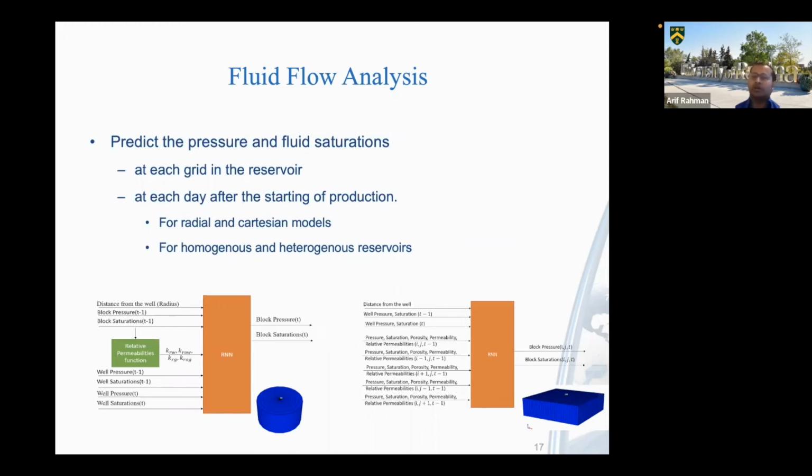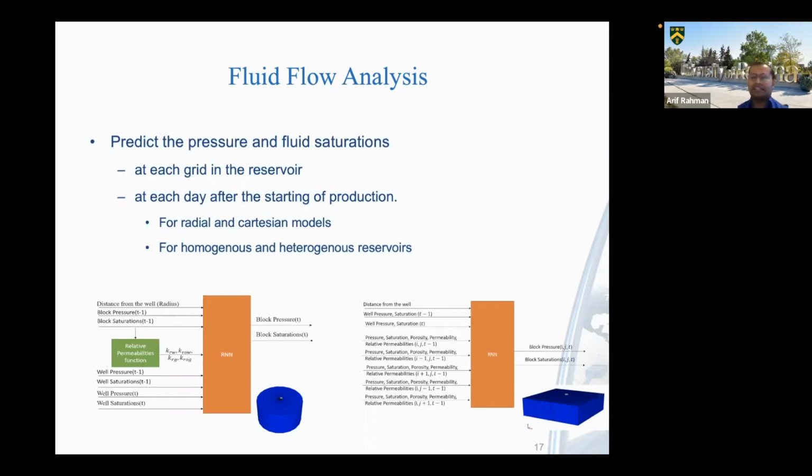Here we use the RNN to find out the saturation and pressure distribution of each grid block with time. We take the previous time step saturation and pressure values to find out the grid pressure and saturation at time t. These analyses will help us to find out the remaining oil in the reservoir and at which location, and that will help us to make a decision on where to drill new wells for production optimization.